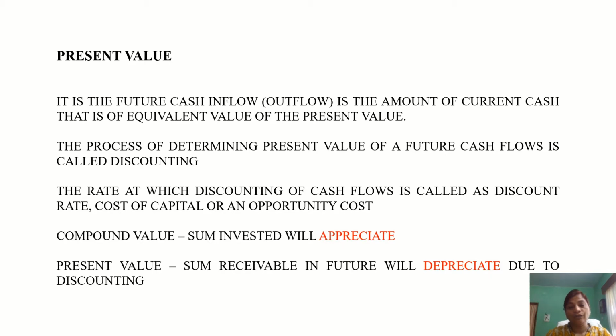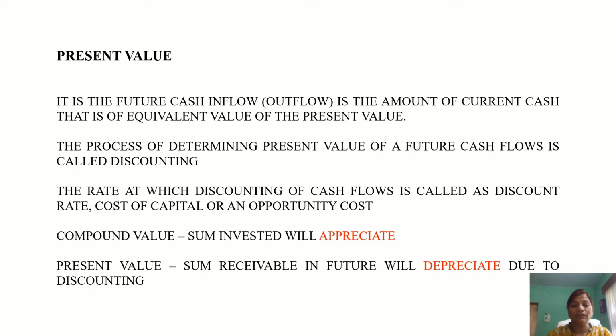So when you are generating the cash inflows after 1 year, is the current cash and the future cash that is generated the same or not? So here we take a discounting factor through which we find out the value of the future cash inflows in terms of the present value, at a given rate of interest.